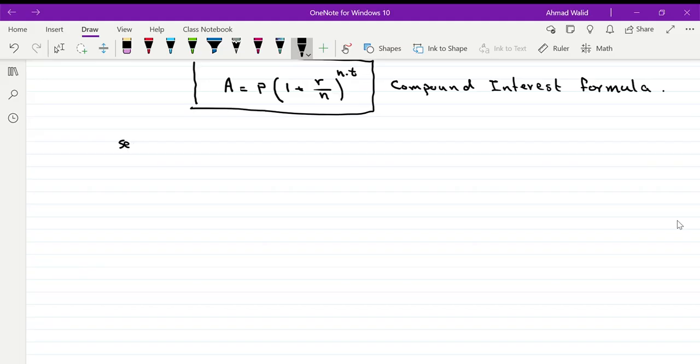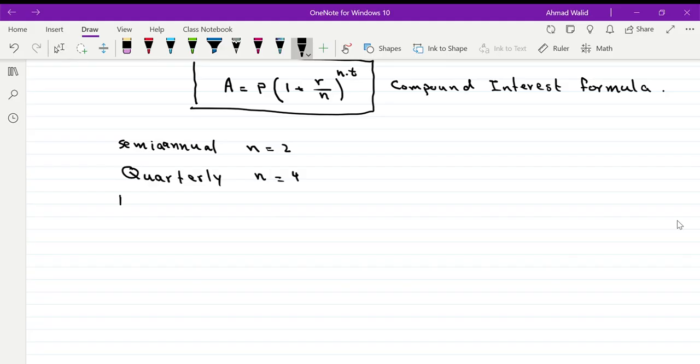First, semi-annually or semi-annual. Compounding semi-annual means N is 2, correct? Quarterly means N is 4, because if you divide 1 year, it gives you 4 quarters, correct?